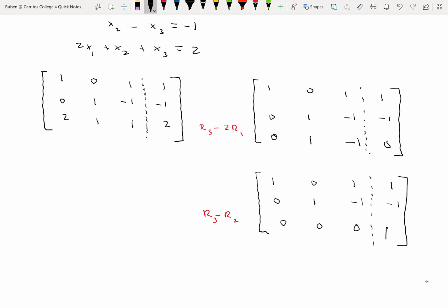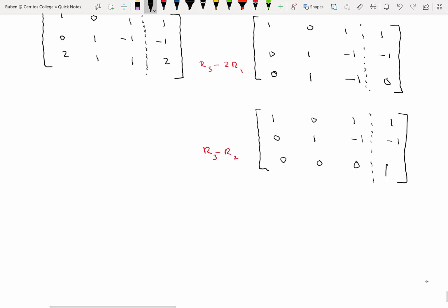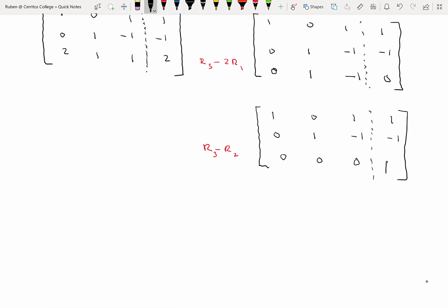Leading 1s appear to the right of leading 1s in previous rows? Of course, that's satisfied. The problem is number 4: all other entries in a column containing a leading 1 are 0. That's not true in that last column. So we have one more set of operations to do to produce the RREF.